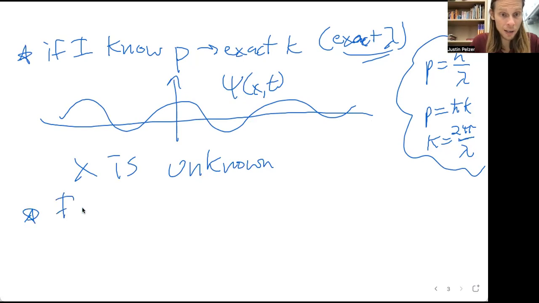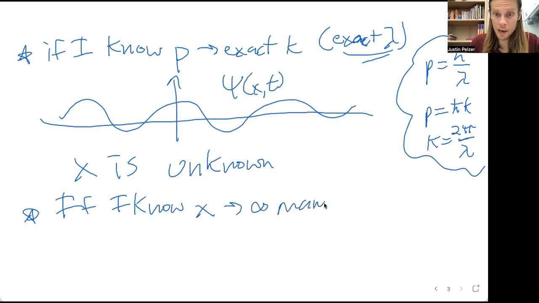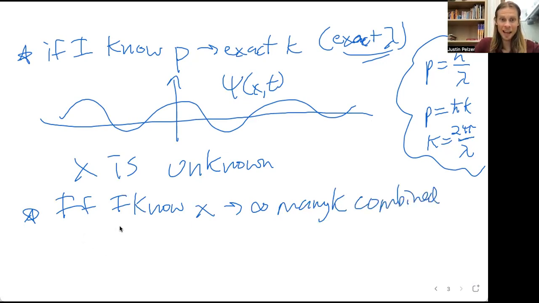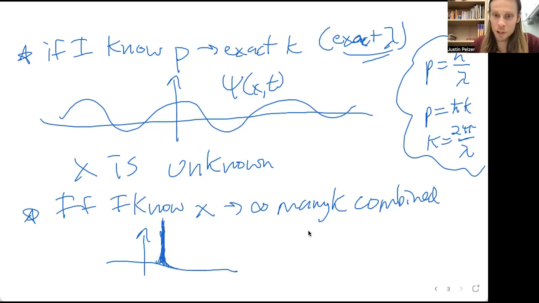And if I know x, right, I have infinitely many k combined, which means that my value for psi of x, t is like this peak. It's called a delta function, for those who are into math, right? A pure delta function. And it's called a Fourier transform, which is kind of fun.